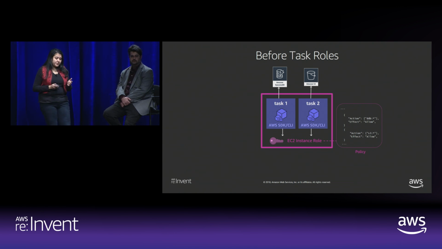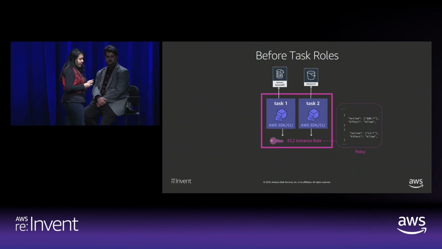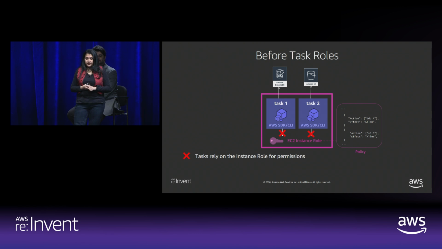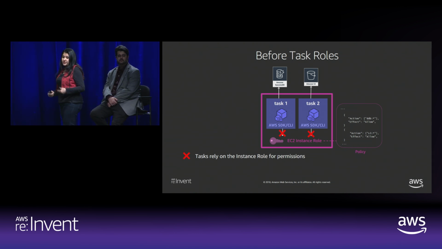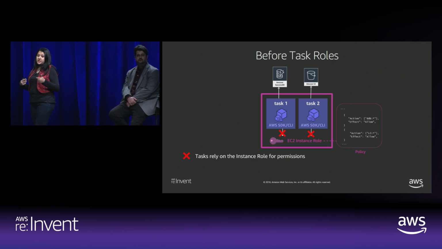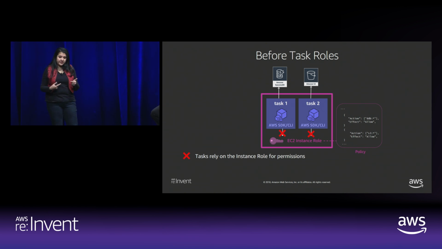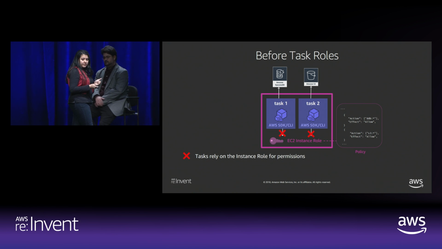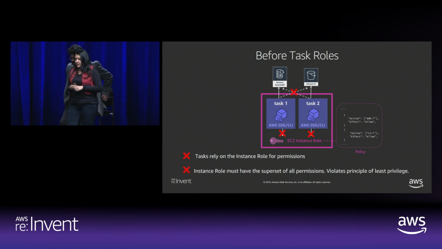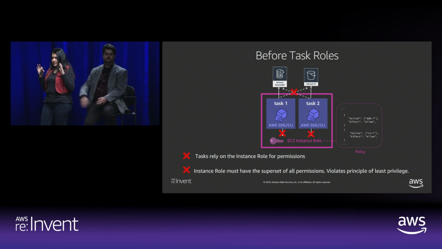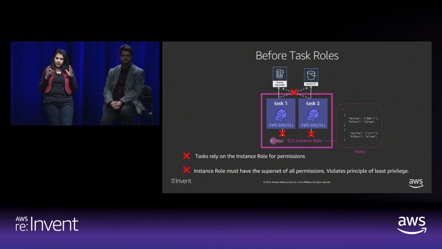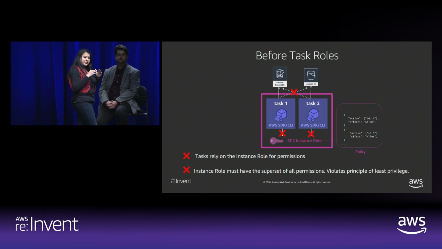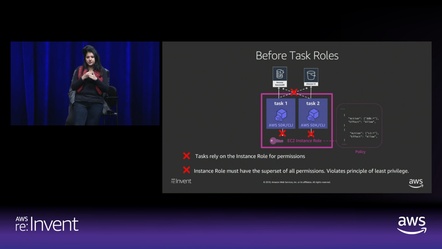Now, there are a few problems with this model if you try to move it to the Fargate world. Problem number one, you're relying on your host's role in order to give your tasks permissions to do the things that they need to do. And that's not good for Fargate. Problem number two, because all the tasks on your instance are sharing that same role, you're now opening the door to this kind of cross communication.